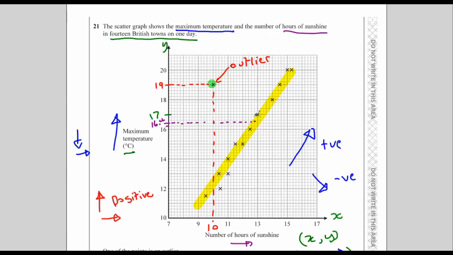Okay, and we know it's going to be with the rest of the guys in yellow. So we're going to be going across to the yellow line and then down.